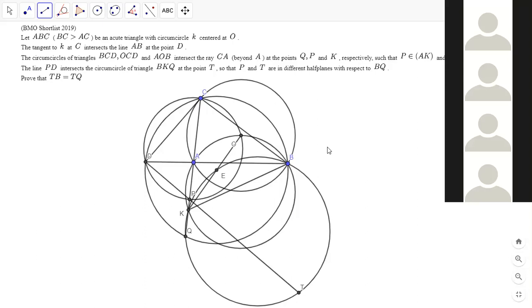So yeah, we want to show TB equals TQ. One way to do that is to show they're both tangent, right? How did we get from that to trying to show that this was isosceles?